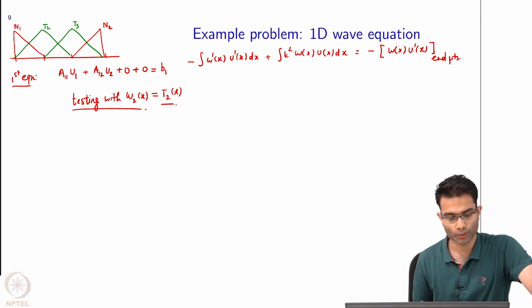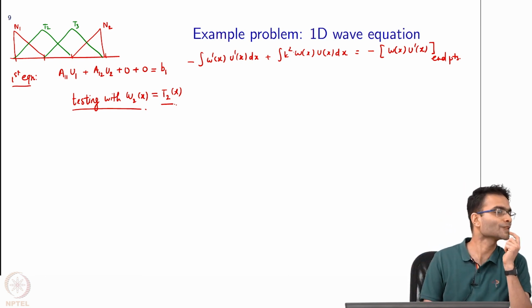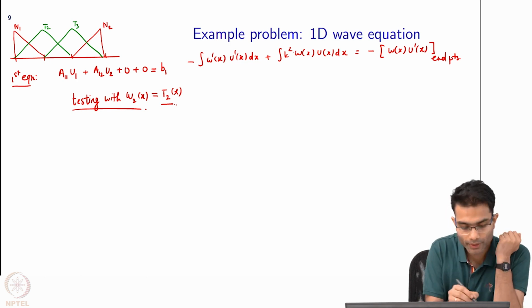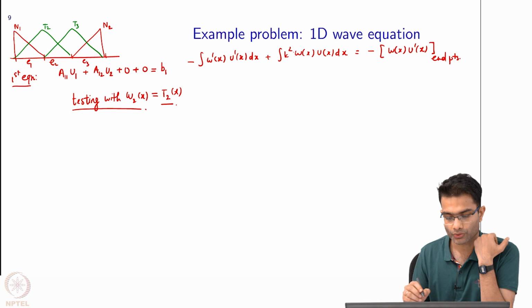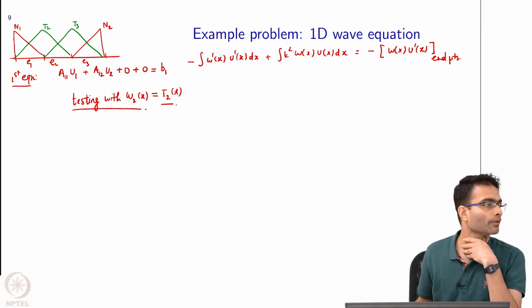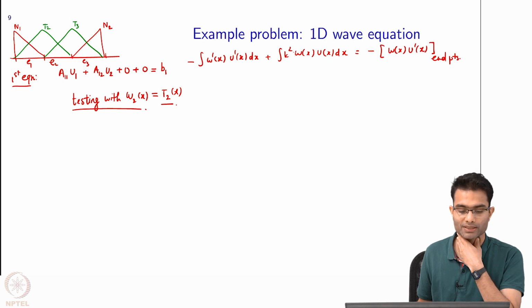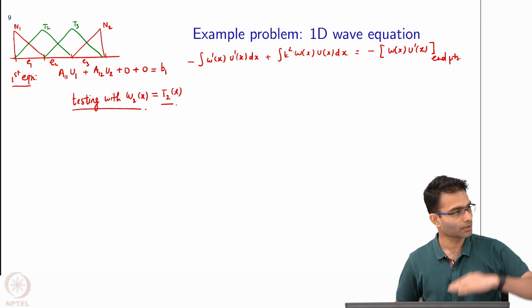So now T2, what is the domain of interest for T2 where it is non-zero? E1 and E2, right. So this is E1 and E2. Okay. So W prime in this segment E1, E2 is going to be plus and then minus, right.